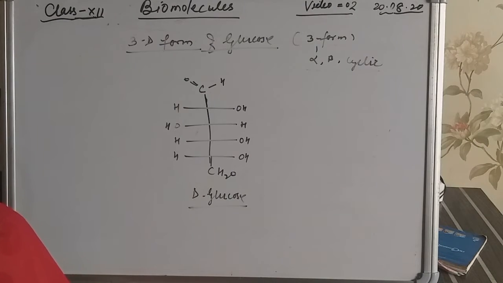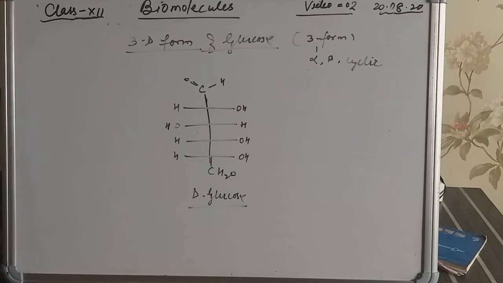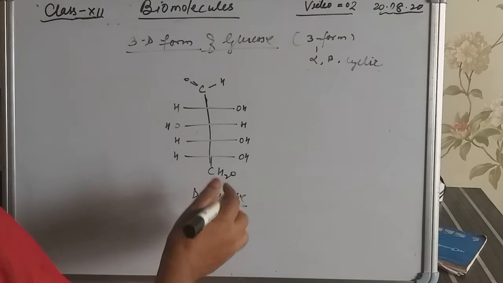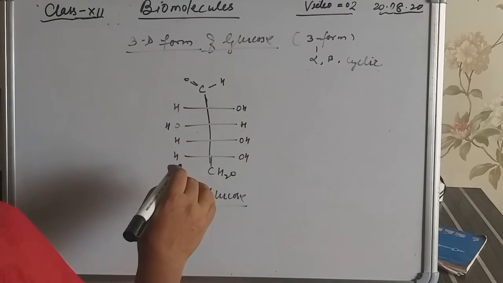Why is it called D-glucose? Because this OH group is present on the right side.